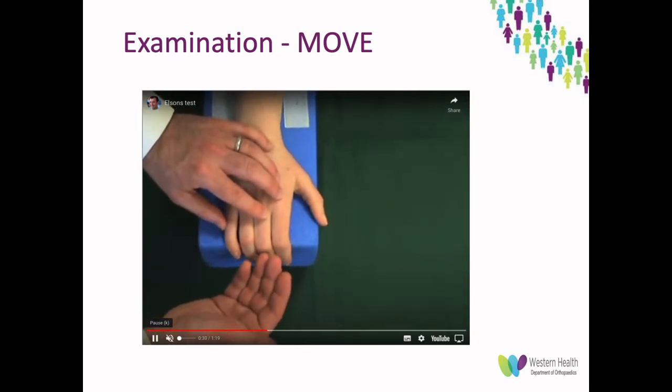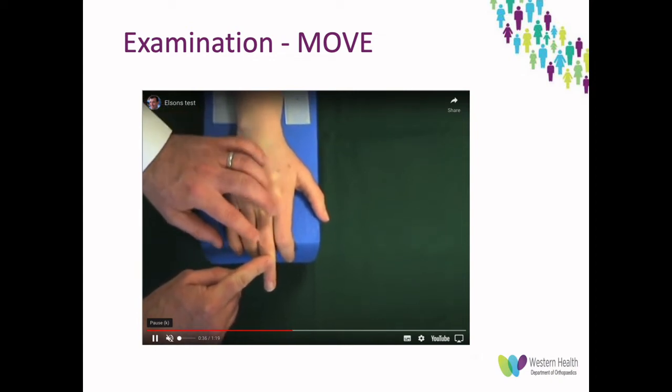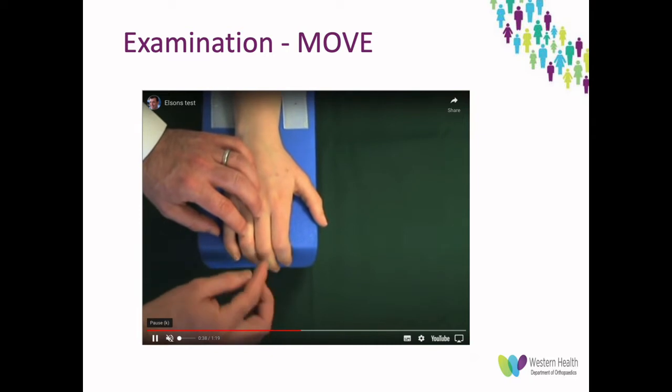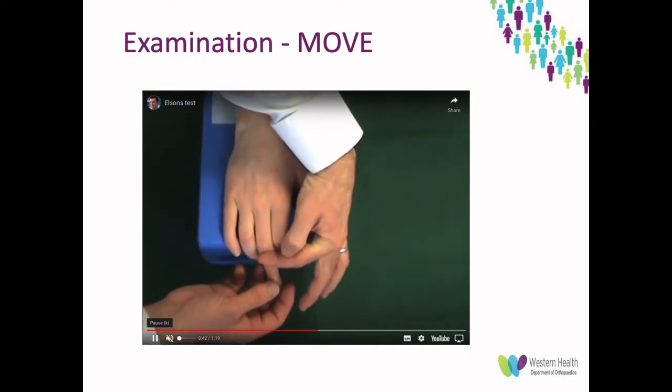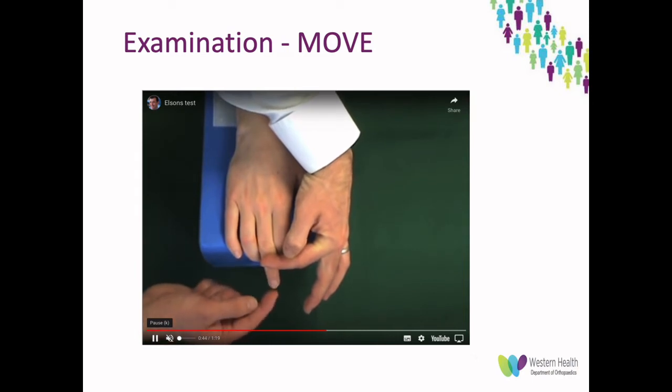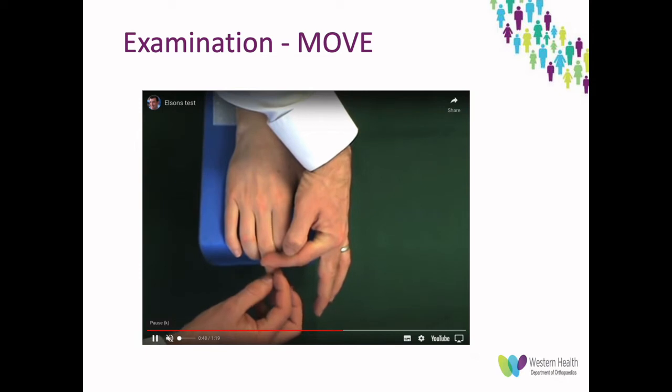For a normal patient, when they extend using the central slip, the lateral bands remain quite lax. So they'll have good extension, but the DIP joint will remain quite floppy, as you can see here, with him being able to move that DIP or distal phalanx.